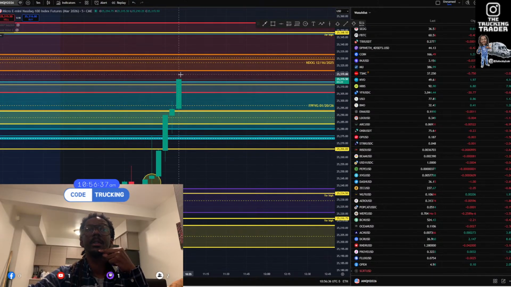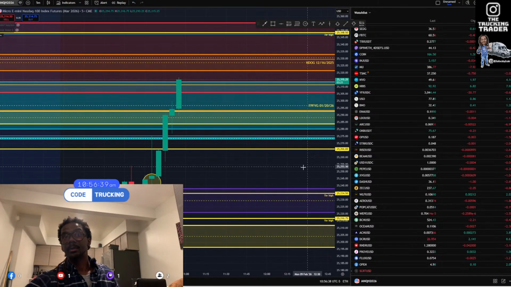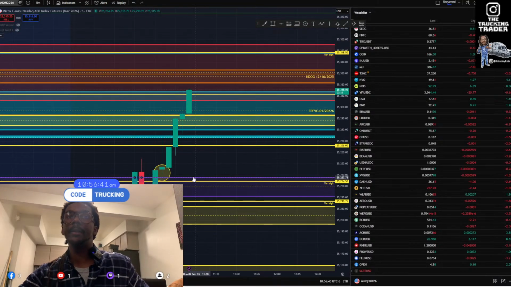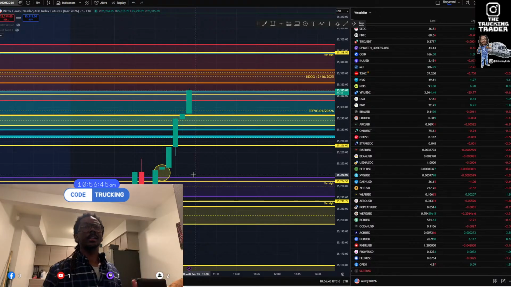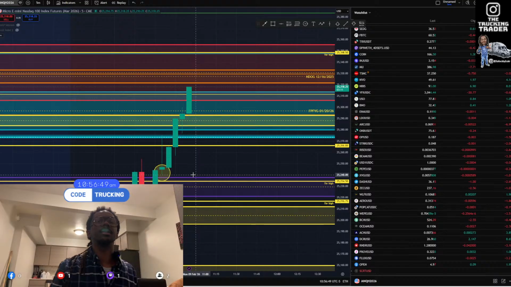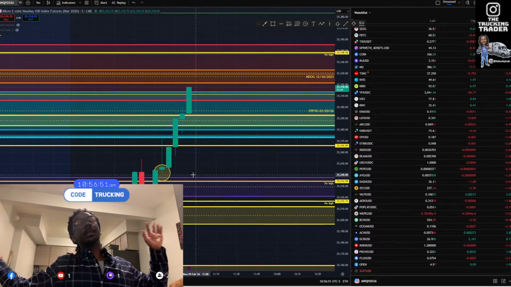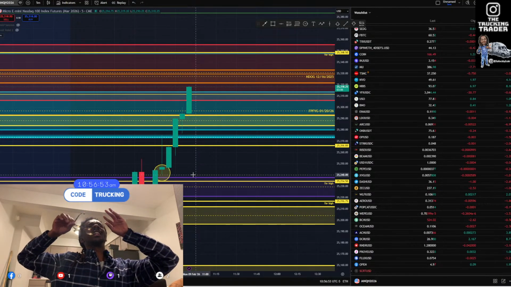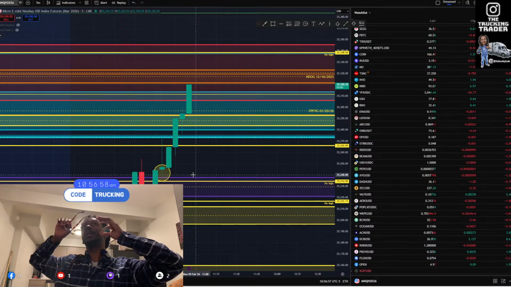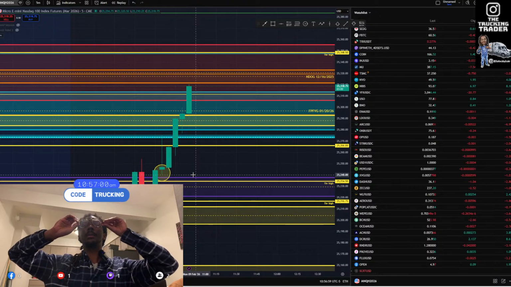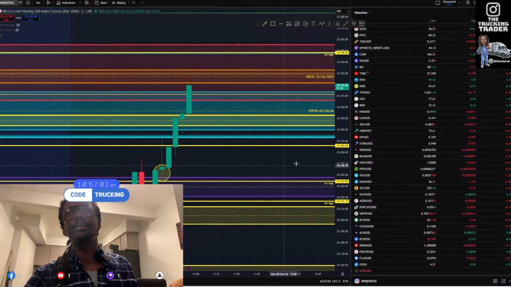So if we go up here and sweep this liquidity right now, that's going to pretty much be the day for me. I was in a 1 to 3 risk to reward ratio trade. I probably would have been up at least 1,500 by now. Oh no, actually I was only risking 500 to make 1,500, so I probably would have been up like 1,000 right now.